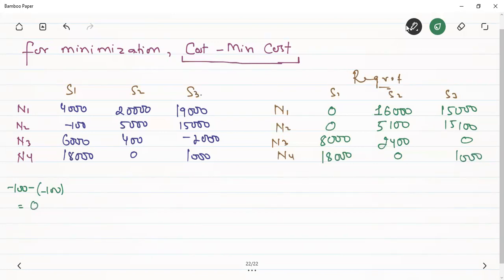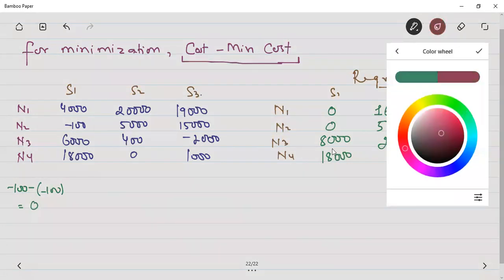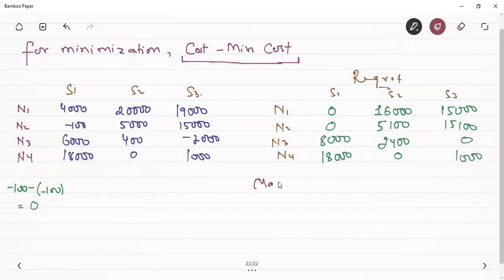So we can see what the maximum regrets are. The maximum regret for each is 18,000, 16,000, and 15,100.